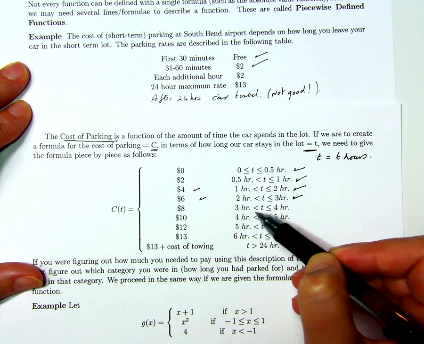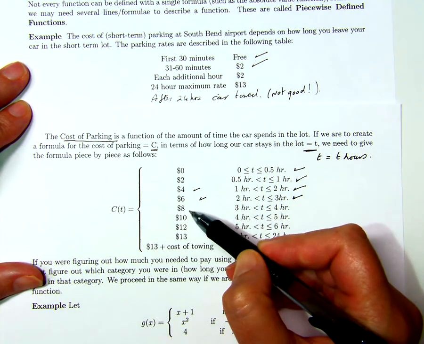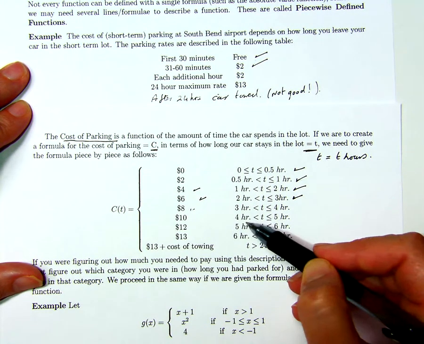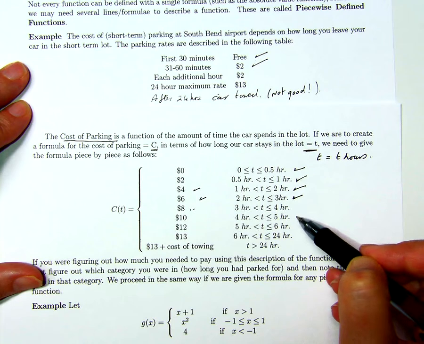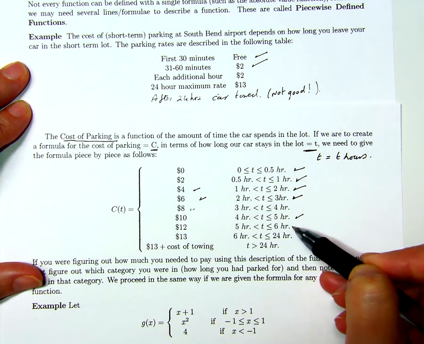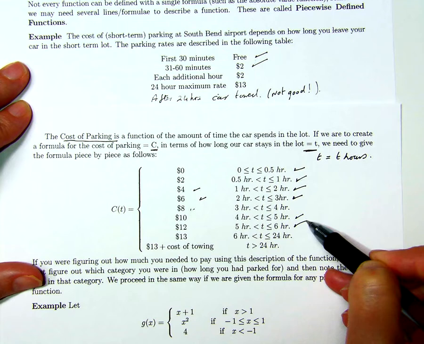If I leave the car in the lot for somewhere between 3 and 4 hours, then C of T is $8. Between 4 and 5 hours, C of T is $10. Between 5 and 6 hours, C of T is $12.